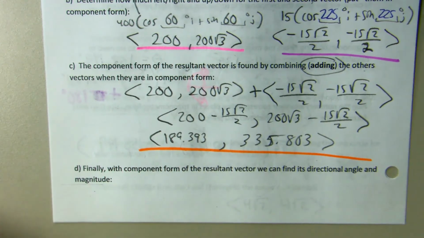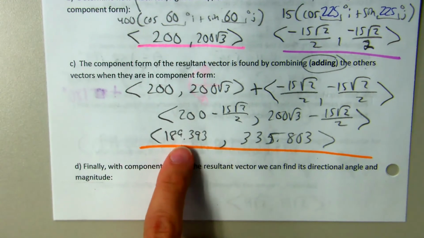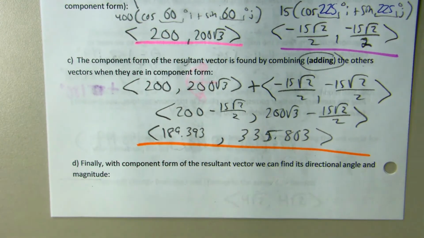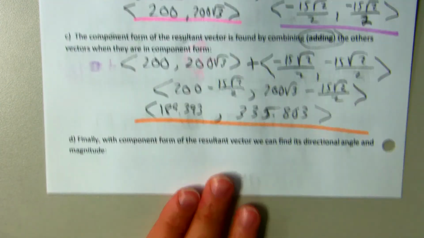And since that's the resultant vector, that's the result of both vectors. Now I know how fast it's going to the right and how fast it's going up. This is in speed. Okay.